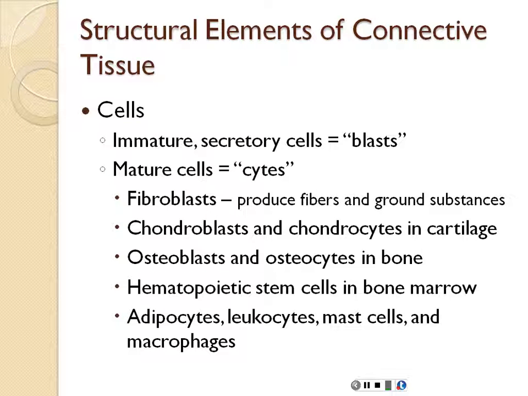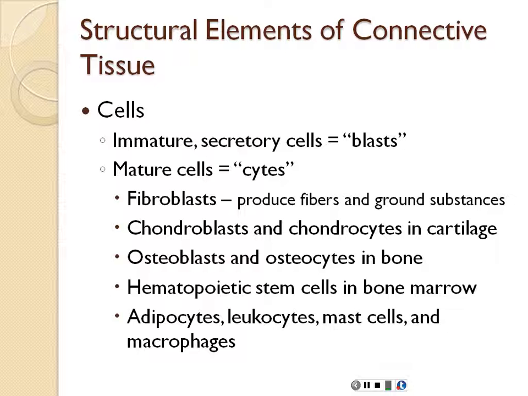Whenever you see one of those, you know it's referring to a what? Cell. A cyte, C-Y-T-E, is a cell, and blasts are also cells. Most of our cells are referred to as cytes, but they come from blasts. Anytime you see blast, just think it's a cell that's going to become a cyte, but it's immature. And we'll see some examples of that.